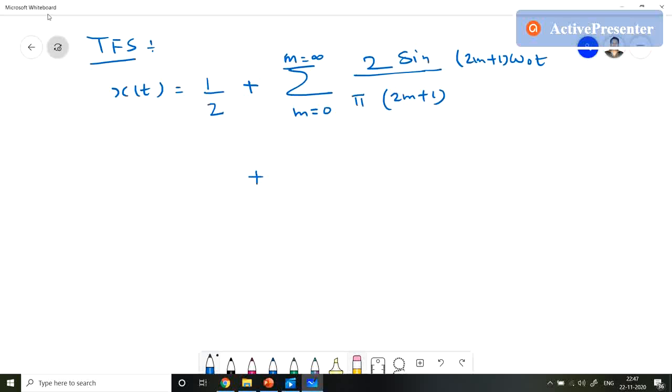So there is no need to write this again. So this is the trigonometric Fourier series.